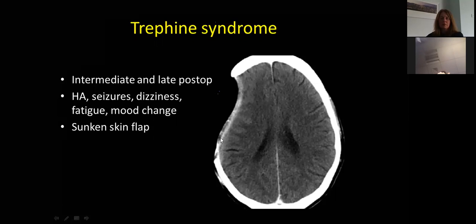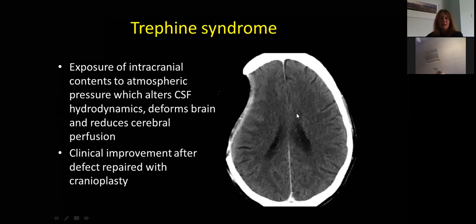It looks like a sort of sigmoid shape, and it means that the brain contents have been exposed to atmospheric pressure. So the CSF dynamics change, and then you end up deforming the brain here, as you can see, in an abnormal way, and it reduces cerebral perfusion. So these defects need to be repaired with a cranioplasty to improve clinical symptoms.